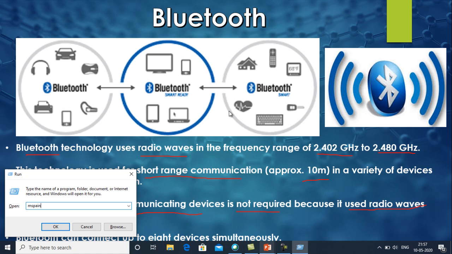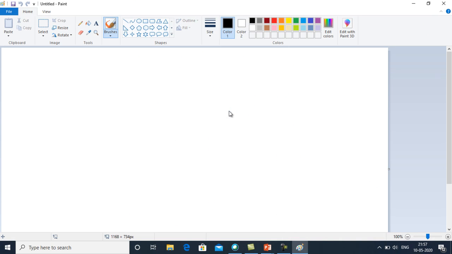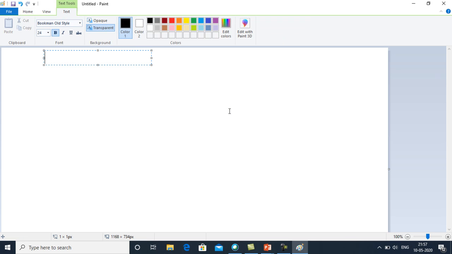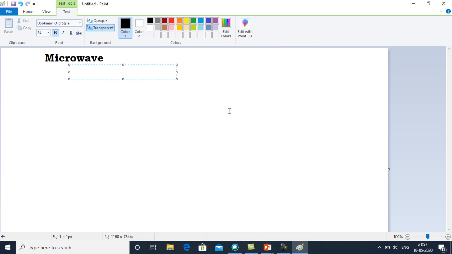So in today's class we have discussed some points. First, we discussed microwaves. What are the points that we discussed about microwaves? They travel in a straight line.